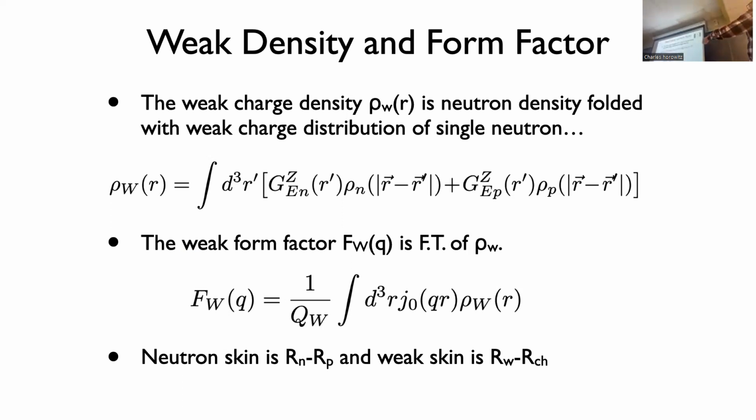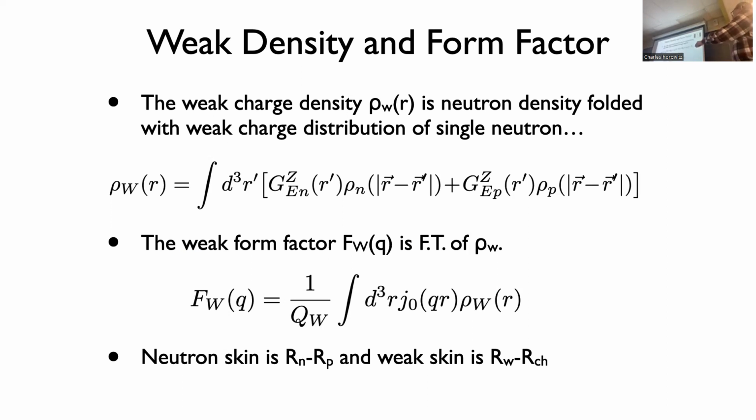So the weak density is the neutron density folded with the size of a single nucleon. The charge density is the proton density folded with the electric form factor of the proton. Okay, so we'll talk about the neutron RMS radius, which is the radius of the point neutron density.